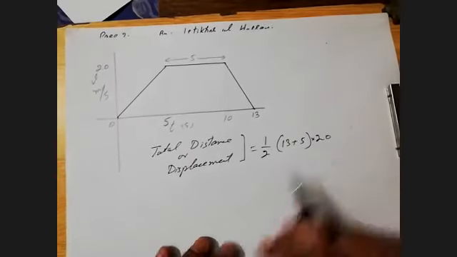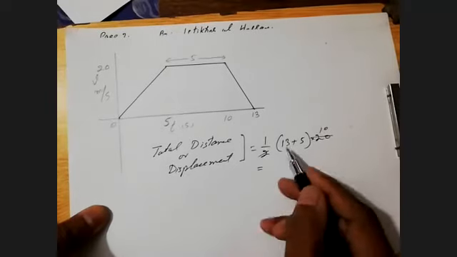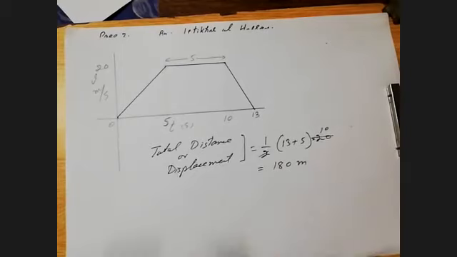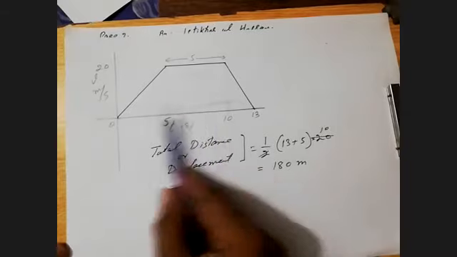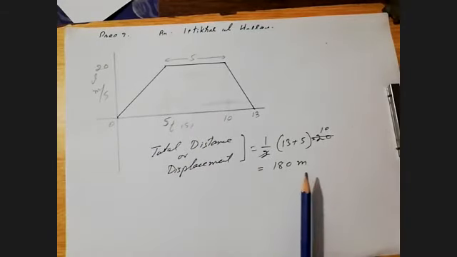So I applied this formula. 2 ones are 2, 2 tens are 20, 13 plus 5 gives you 18, and 180 meters. So here you can see that I have found out the distance traveled with the help of the area under the graph. So total distance from 0 till 13 seconds is 180 meters. I hope that you have understood this.